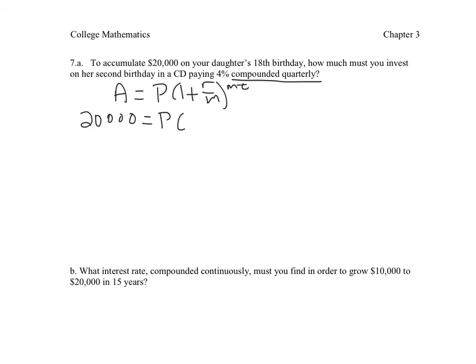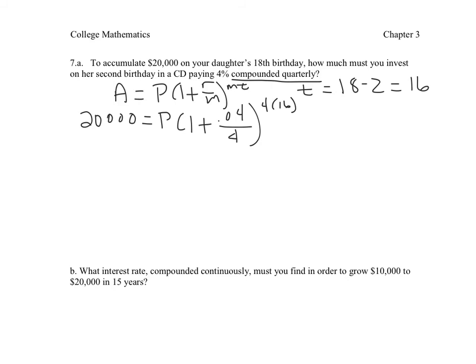It's a subtraction problem. So what that tells me is T is 18 minus 2, which is 16. So when I plug in, I'm going to have 1 plus, my CD is paying 4%, so that's 0.04, compounded quarterly, that's a 4, raised to the 4 times 16 power.